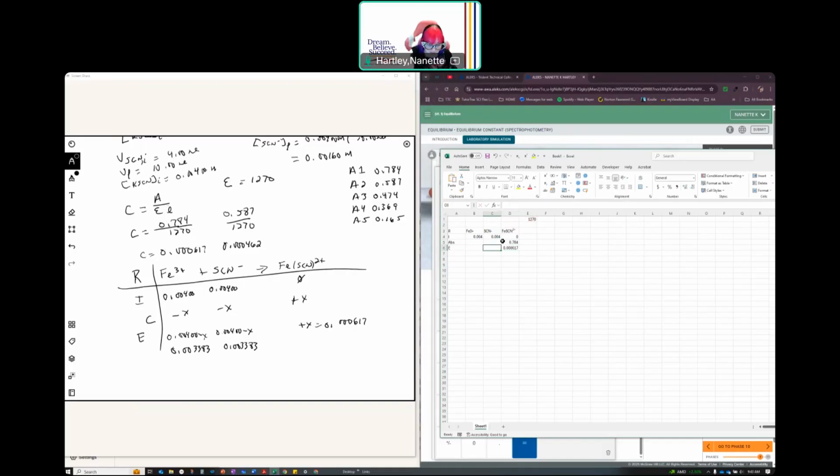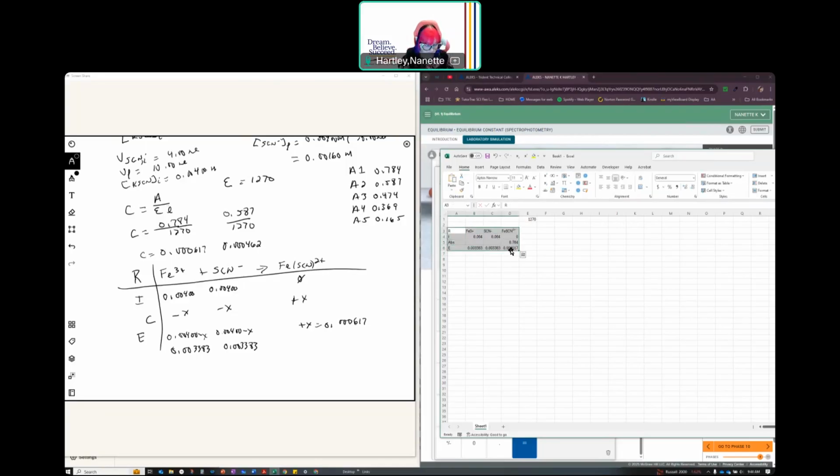And then I want this to be equal to this divided by that, and that to be equal to minus that, and that to be equal to that. And so that sets it up.